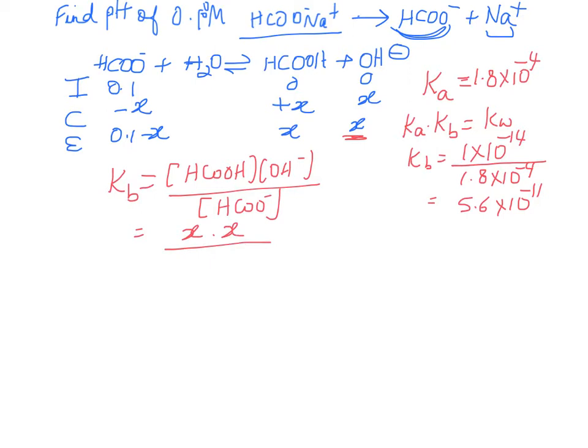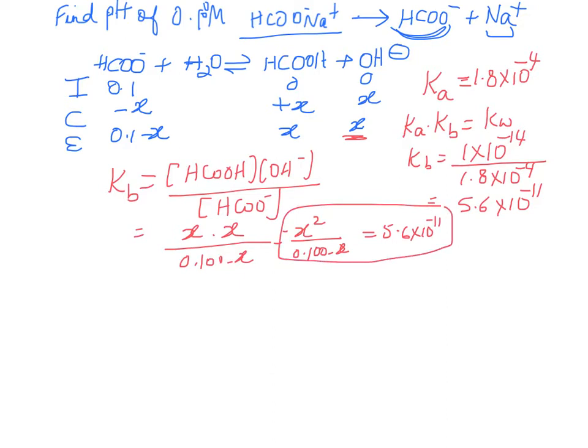X times X divided by 0.100 minus X. That kind of looks like X squared over 0.100 minus X. And that is going to be equal to 5.6 times 10 to the negative 11. This is what I'm going to try to solve. The question is whether I can use the approximation or not. My concentration is to the tune of 0.1. The K value is 10 to the negative 11. So the approximation is going to be valid since the ratio is going to be way more than 100.